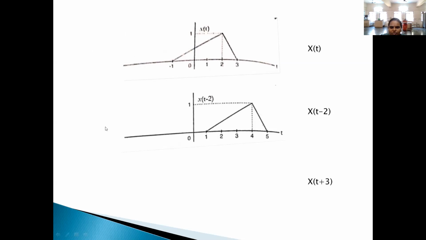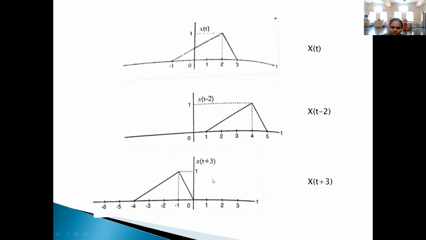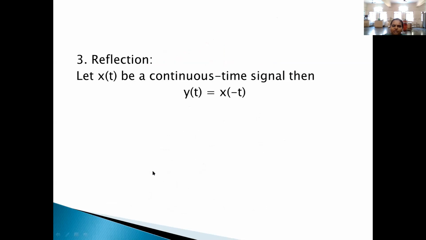This is your t minus 2 and this is your t plus 3. Here the signal is shifted towards the left side, from minus 4 to 0. Earlier it was from minus 1 to 3, but it shifts 3 positions towards the left side. This is how a time shift operation is done.